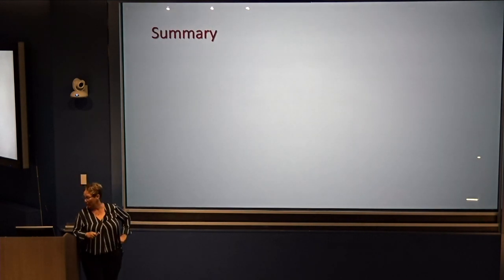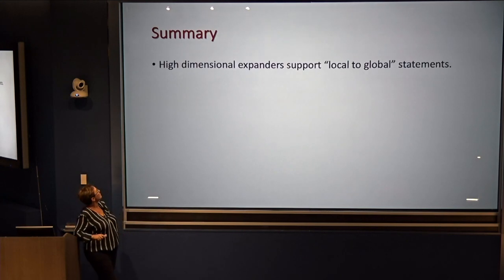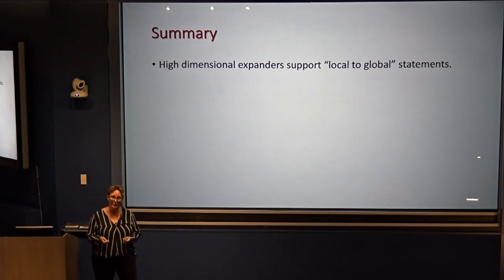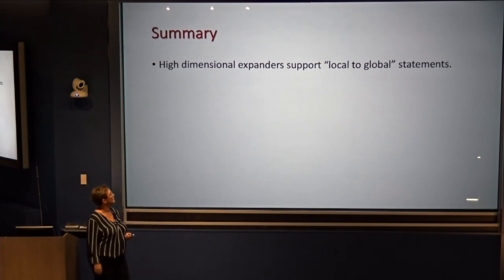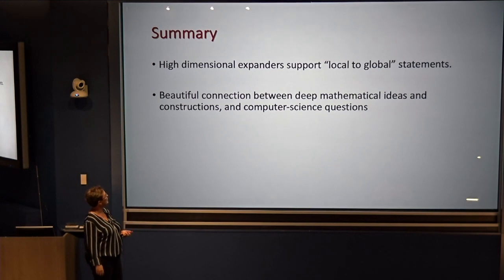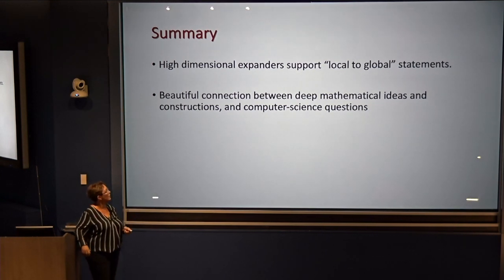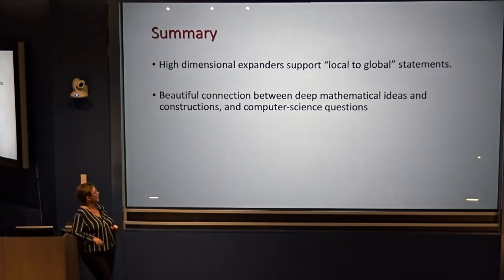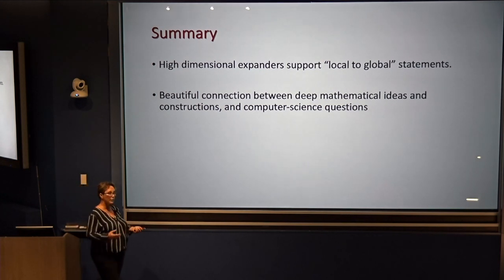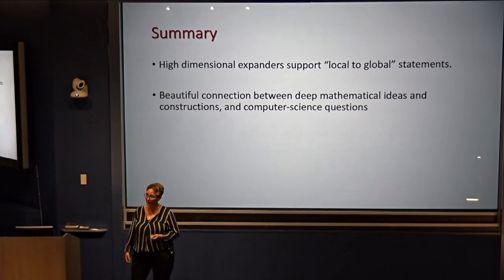Okay, let me summarize. We saw that high-dimensional expanders are objects that support local-to-global statements. And these objects give us a really beautiful connection between deep mathematical ideas and constructions and questions that are of interest in computer science.